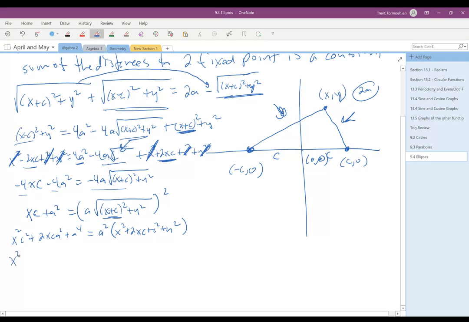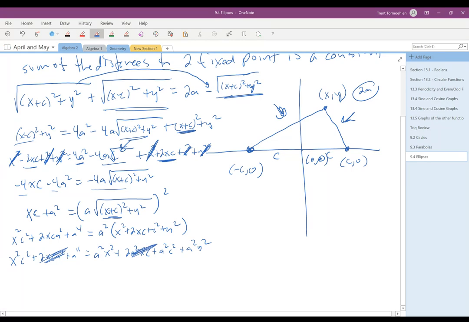Distributive property on that right side gives me a squared x squared plus 2a squared xc plus a squared c squared plus a squared y squared. We look to cancel things out if we can, and it turns out we can cancel this out. That's nice.